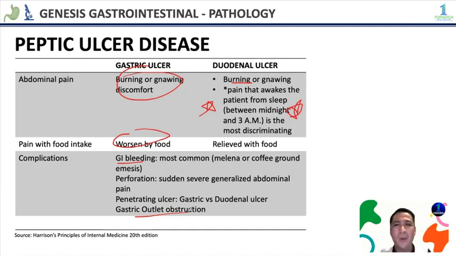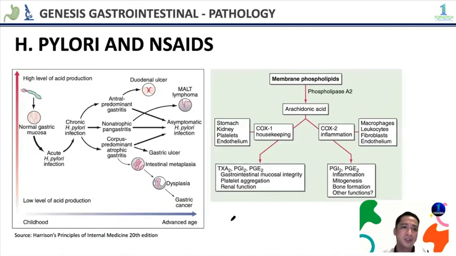So these are the comparisons between gastric ulcer and duodenal ulcer. So you see here, with advancing age, together with increased level of acid production, you will see with H. pylori, acute H. pylori infection, with time, chronicity, with chronic H. pylori infection, there is predominant antral gastritis that can lead to duodenal ulcer.